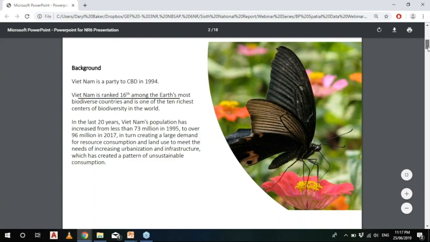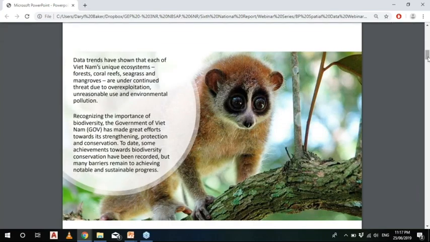Because of the importance of biodiversity, and because the government of Vietnam witnessed the threats and degradation of biodiversity, the government has taken different efforts and actions to protect and conserve it.